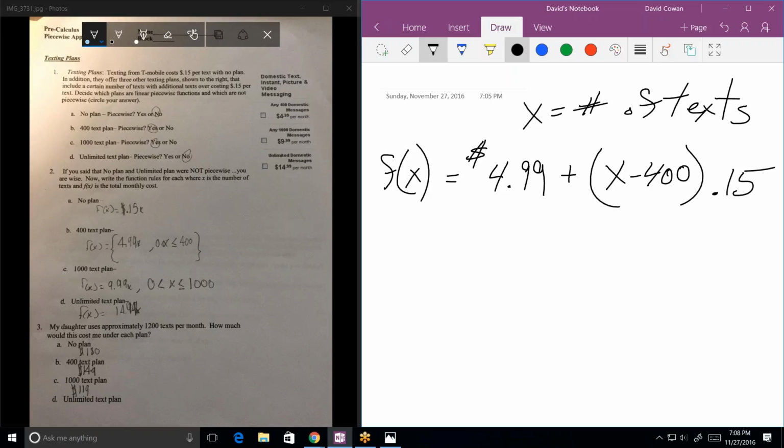Okay, so this should be A. Now B. Well, excuse me, that was B. C is the 1,000 text plan. So what do you think that should be? We'll call that g of x, just to differentiate.